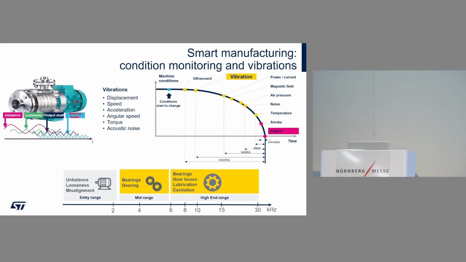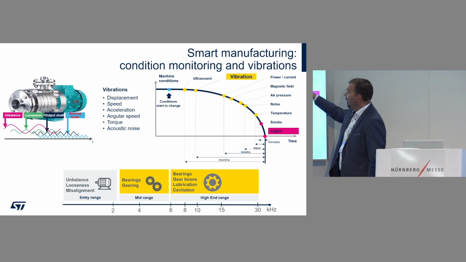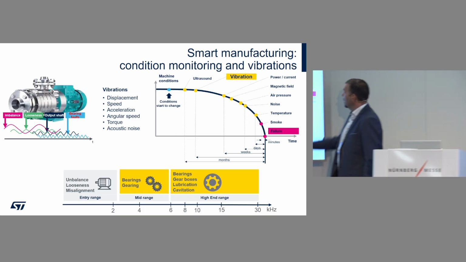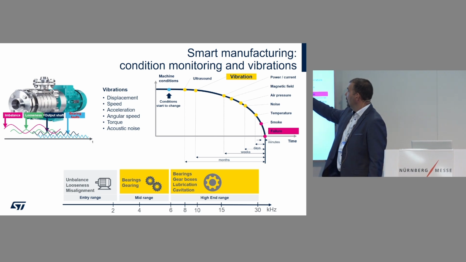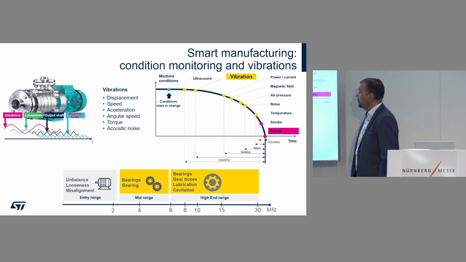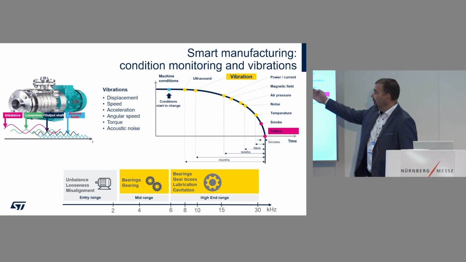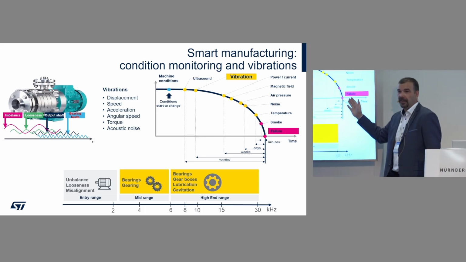If some parts of the system are starting to degrade, you can observe, for example, the ultrasound coming from the system, the vibrations on which we will focus. And then, of course, if you don't repair particular elements in the system, you can start to hear the noise, you can see increased temperatures, and after the smoke from the machine, there is a failure.